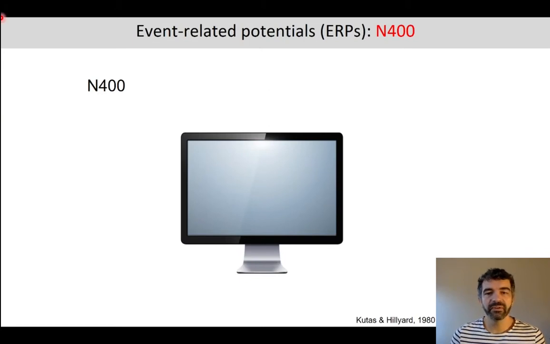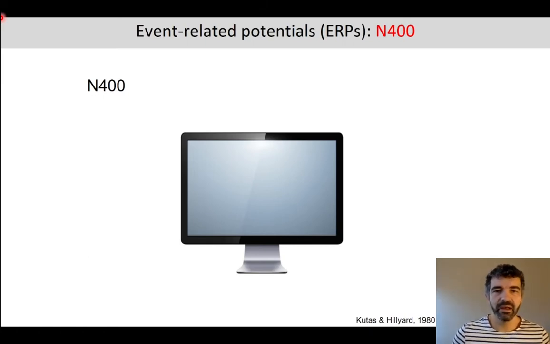Another component that is interesting for psychologists is the N400. This is particularly interesting if you're doing linguistic research. So the N400 is related to deviations in the semantics. To give you an example that makes it a bit clearer, just read these sentences by yourself.